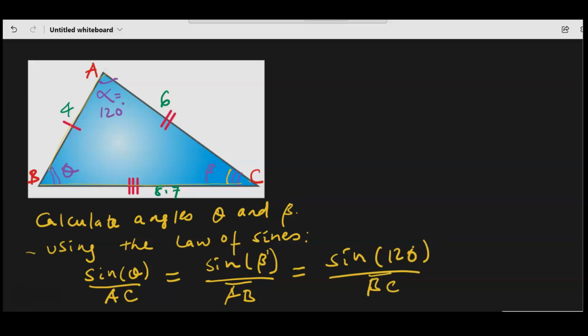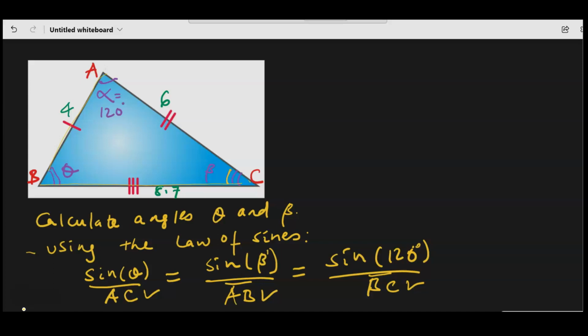In this case, we know side AC, side AB, and side BC, and also sine of 120 degrees is known. Let's calculate sine theta first.